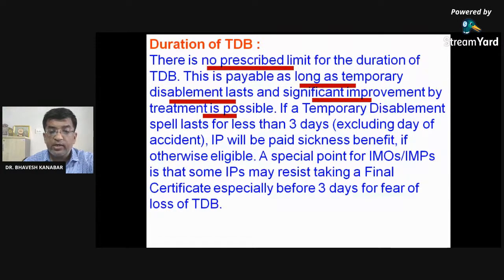What is the year of the Factory Act? And minimum, how much space is required for a worker working in industry? Two questions.